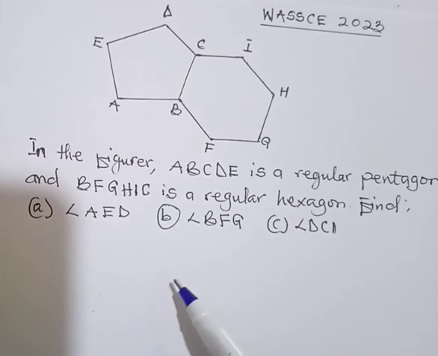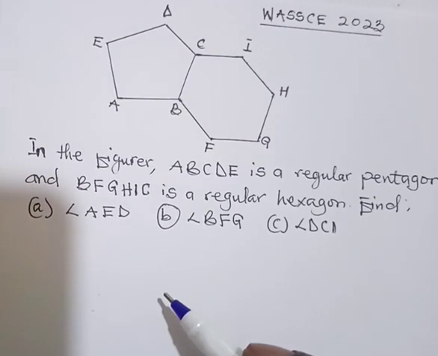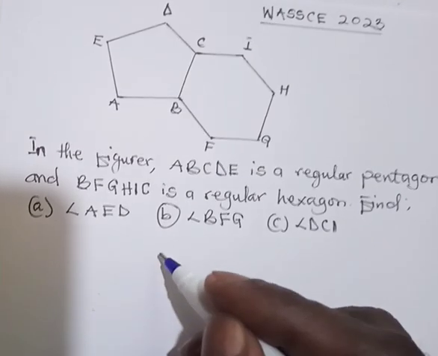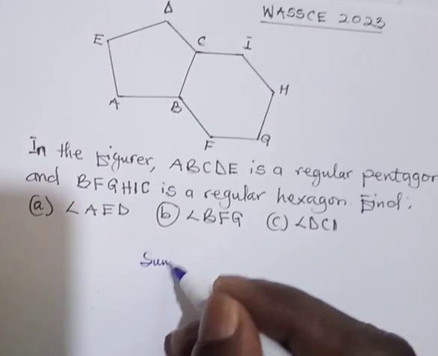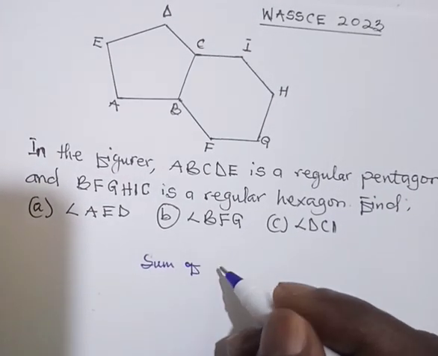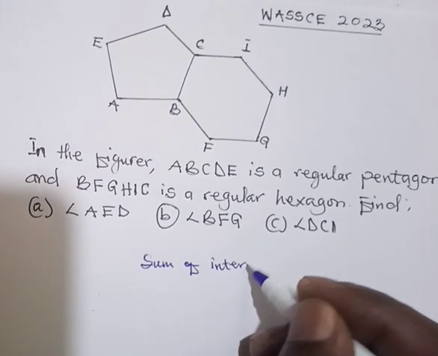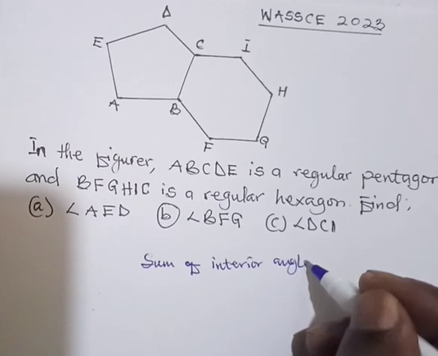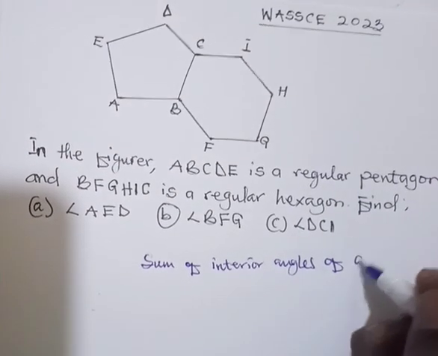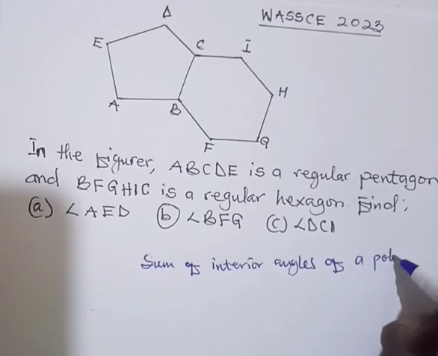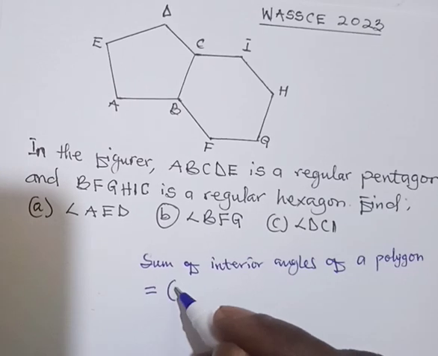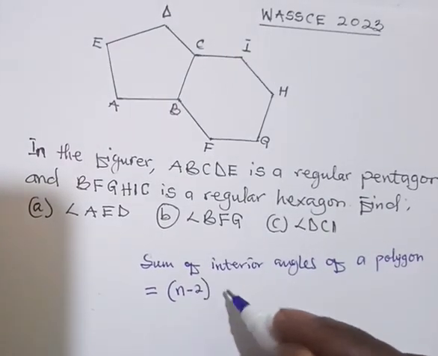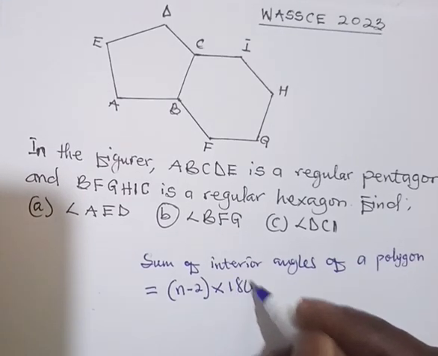Good. Before that, let's look at finding the sum of interior angles of a polygon. The sum of interior angles of a polygon is given by (n minus 2) times 180 degrees.